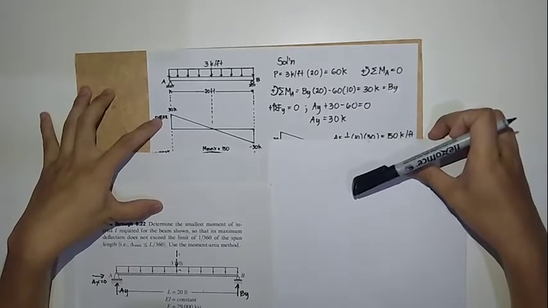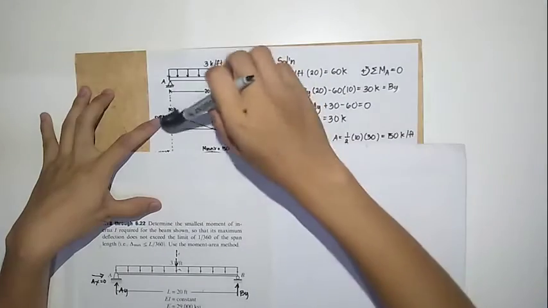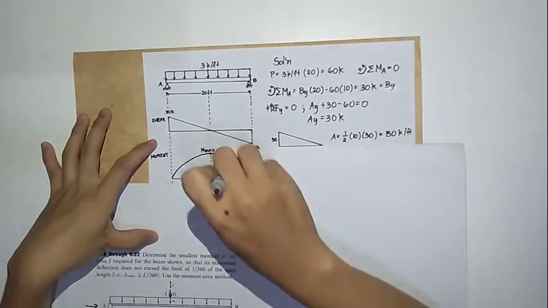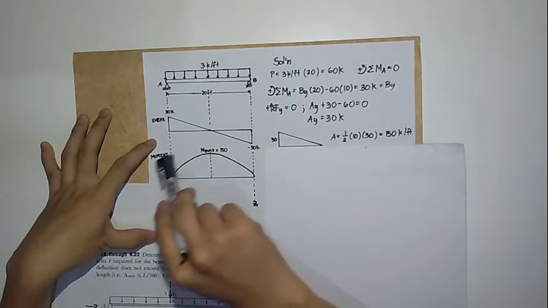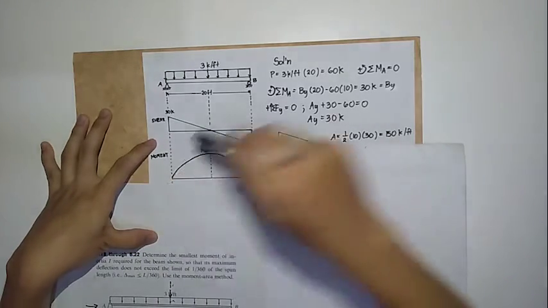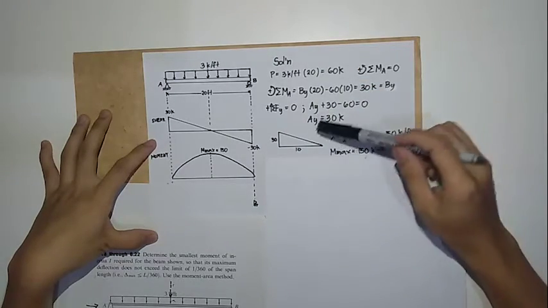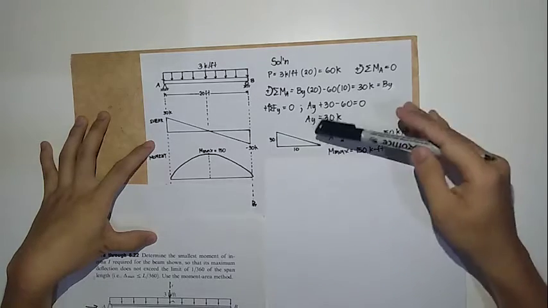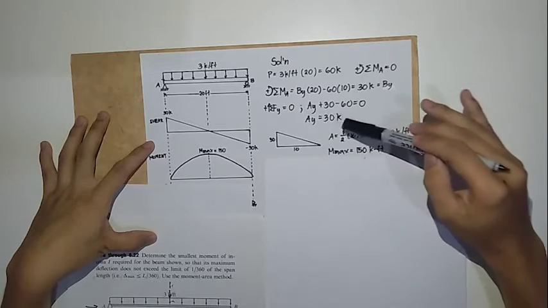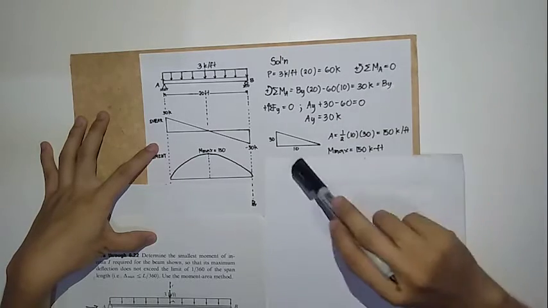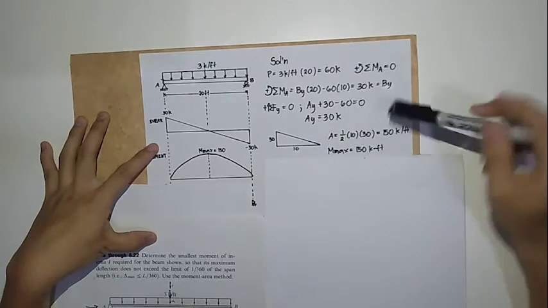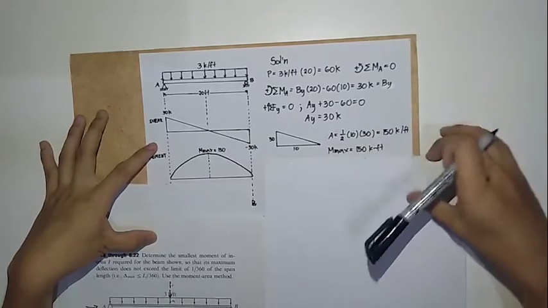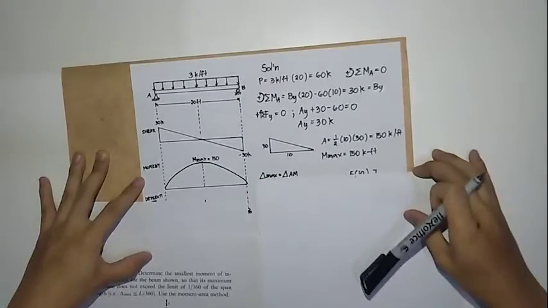So, pagkatapos nun, kukunin natin ang area nito para makuha natin ang maximum moment dito. Para makuha natin ngayon ang diagram ng moment. So, pagkakuha ng area ay simple area of the triangle lamang, which is the 1/2 times its base times its height na 30. So, ngayon meron na tayong max na 150 kips per feet.